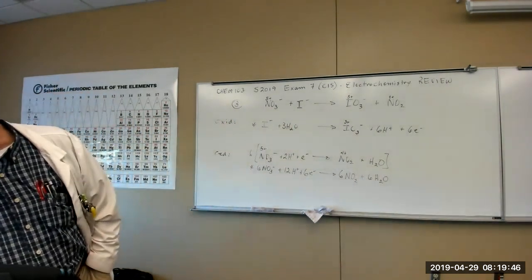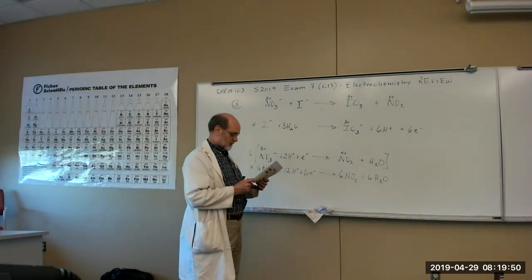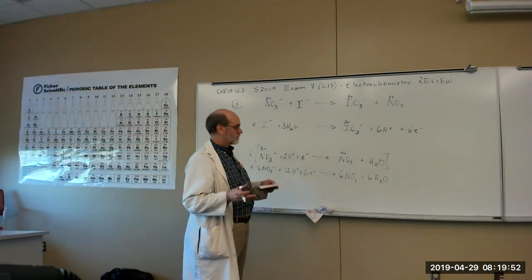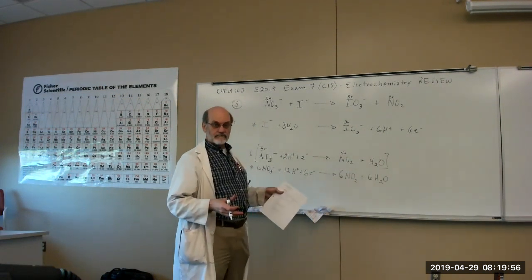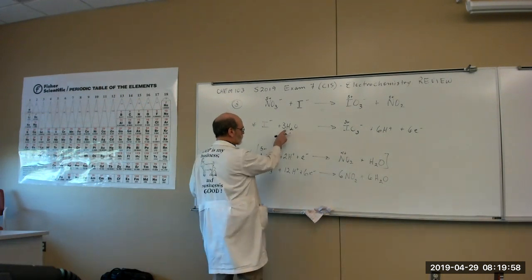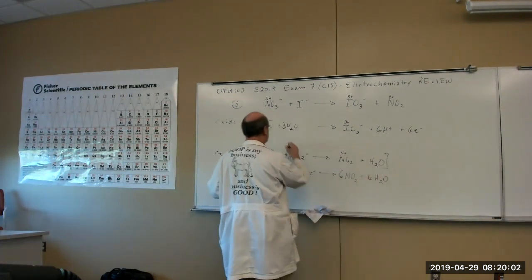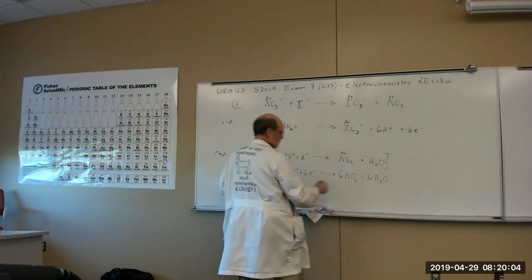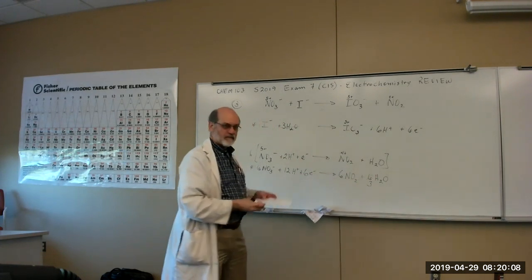Now, we could go ahead and write the final equation, but to answer the question, what's the coefficient of water? All you need to do is balance the waters, right? So we've got 3 waters on this side and 6 waters on that side. These 3 are going to go and leave us with 3 here. Right?